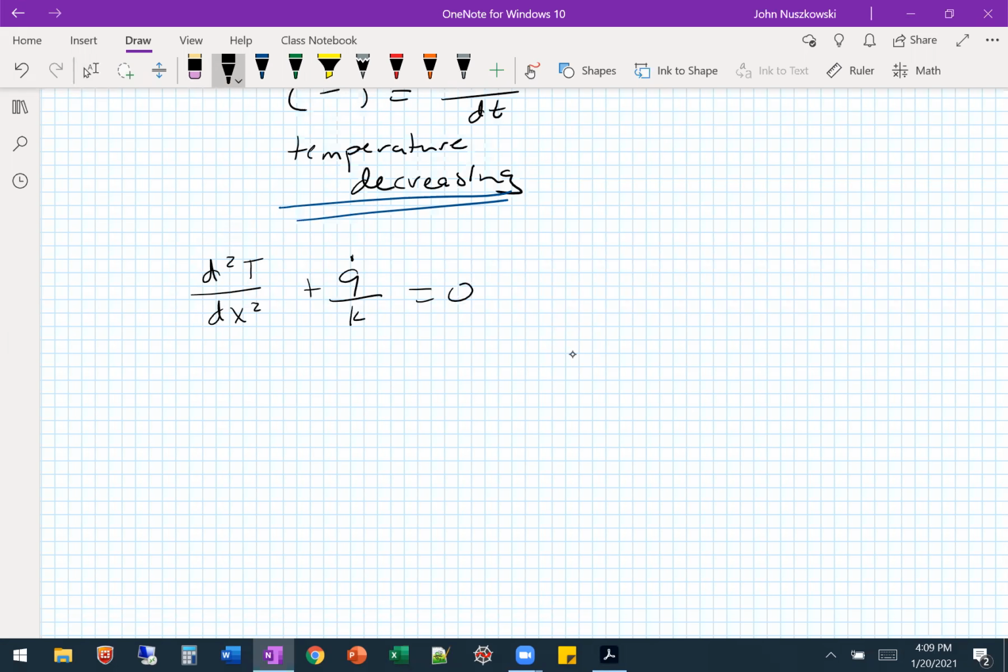so this is again steady state, right? So the right side is gone. So this is our heat equation, 1D steady state, 1D heat equation with constant properties.